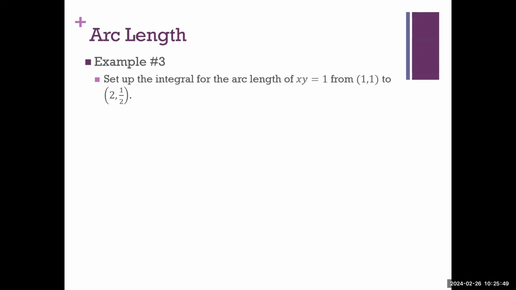So I got a beginning point, I got an ending point. I have a curve. How should we start? F of x.